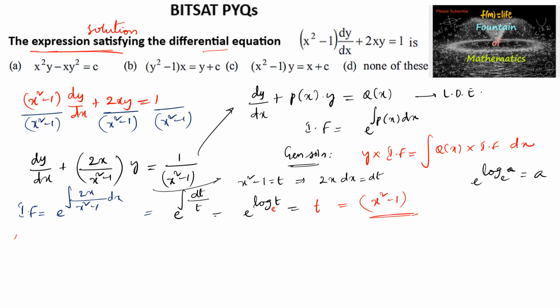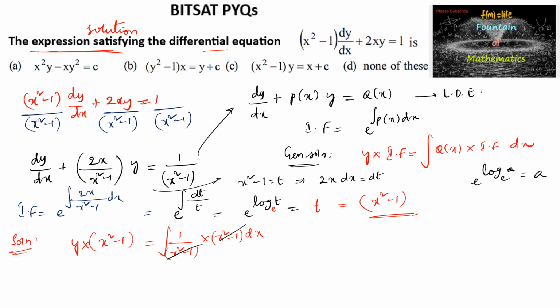So the general solution we can write: y into the integrating factor, that is x square minus 1, is equal to integral of q(x), that is 1/(x square minus 1), into the integrating factor x square minus 1, dx. So here we may cancel x square minus 1.